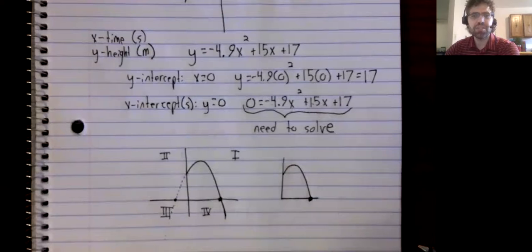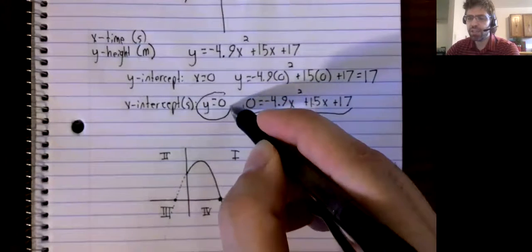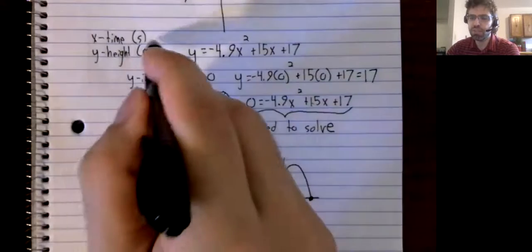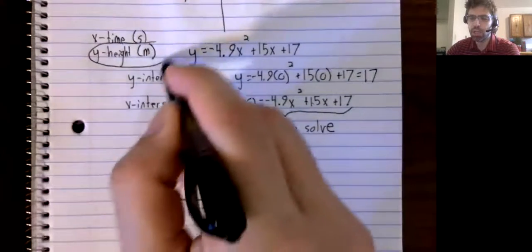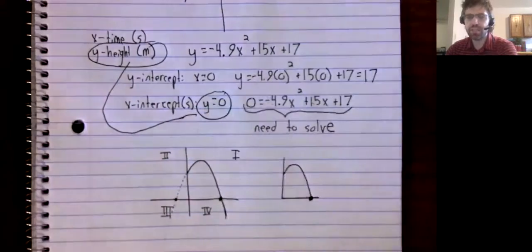What does the x-intercept mean? Can we interpret it even if we can't find it? Well, to find this intercept, we set y equal to 0, and y is the height.